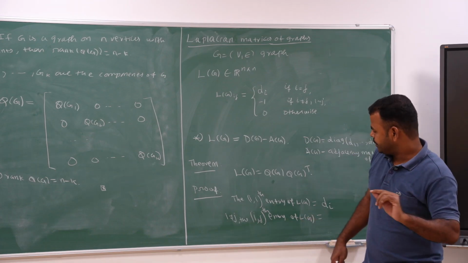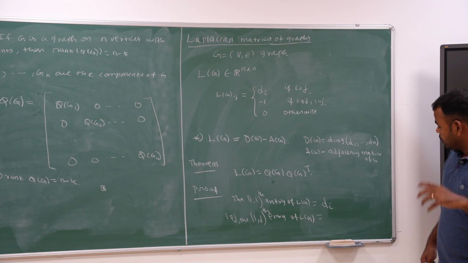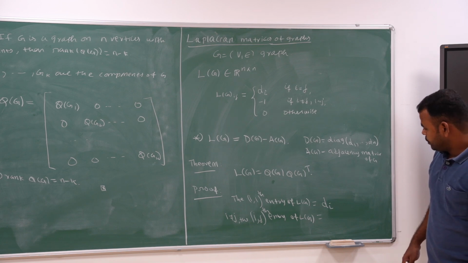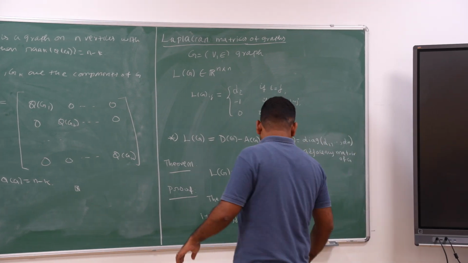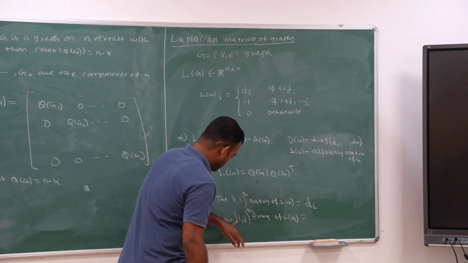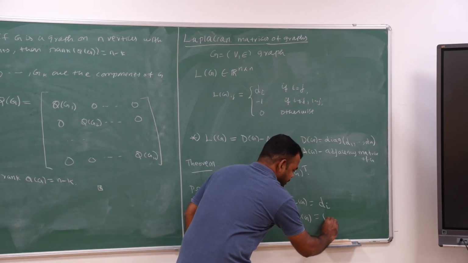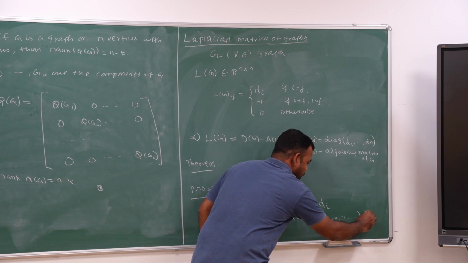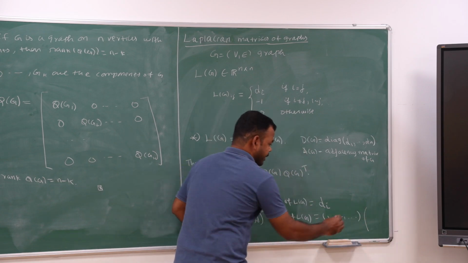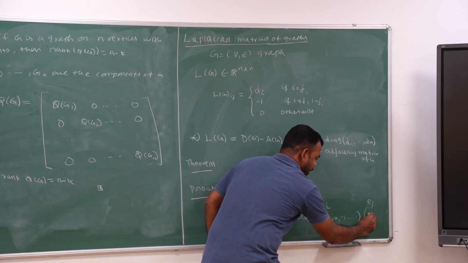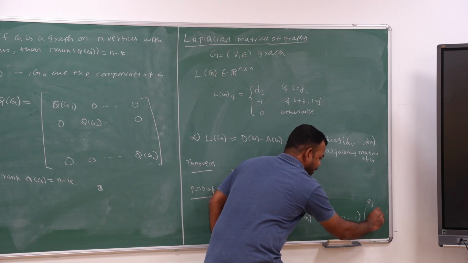Sorry, wait, let us write down what I'm saying. In the ith row, I'm going to get the row corresponding to the vertex. That vertex row consists of some 1, 0, minus 1 and so on. The column corresponding to Ej, I'm going to get 1 and minus 1.